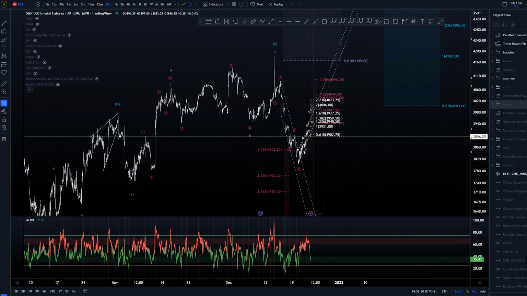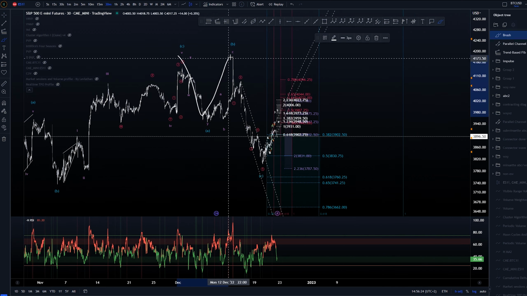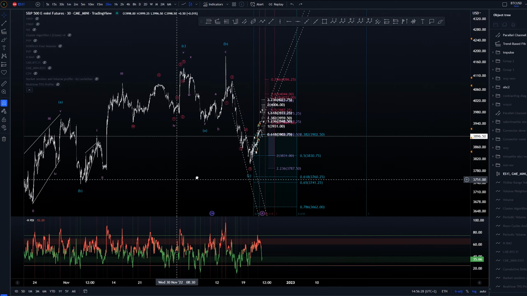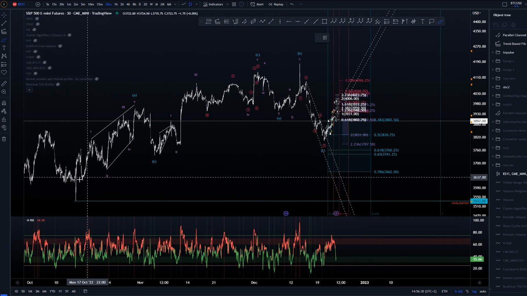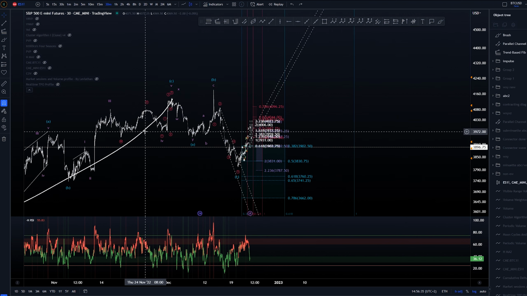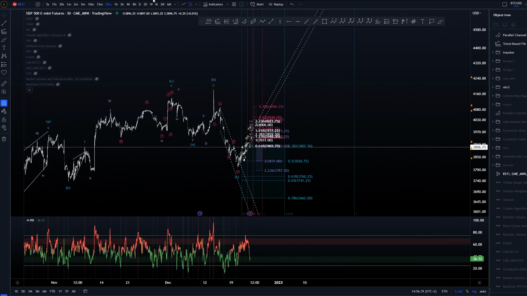No, I don't. So it would be this count where we would have this as an ABC coming down. And then we would be having a previous trend continuation, meaning this structure over here pivoted from these lows upwards. So those are the options at the moment that I'm watching.